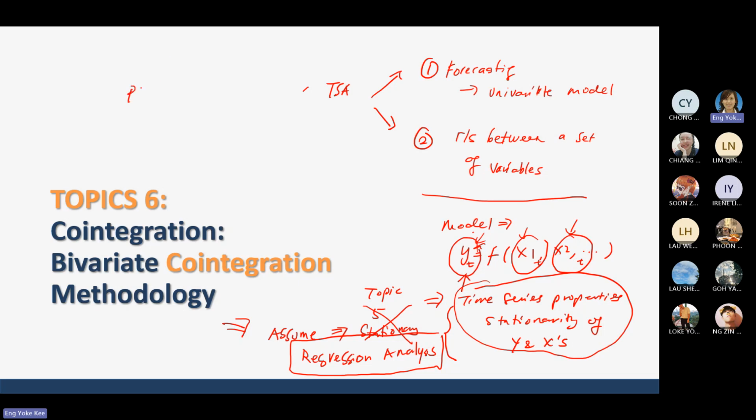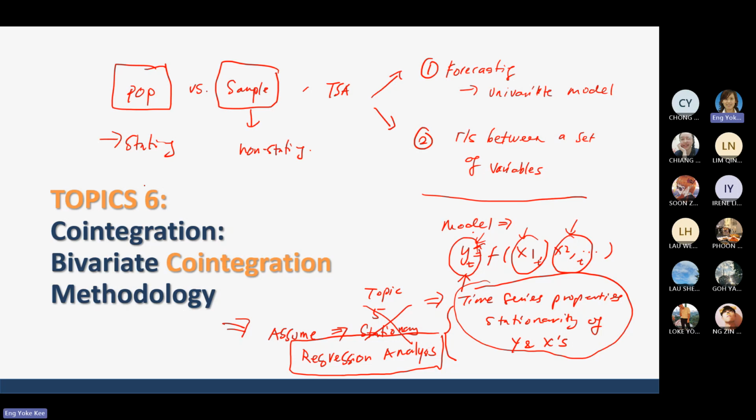So again, you have the notion of population versus sample. Population means the beautiful world in theory, so you want stationary. But against the odds, in practice, because of our limitations, our sample size can be small, and what we see is that they are non-stationary. So today, our topic 6 focuses on this issue.